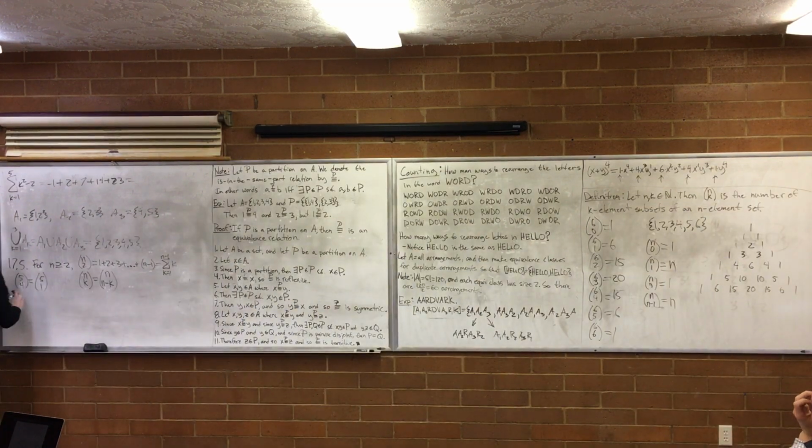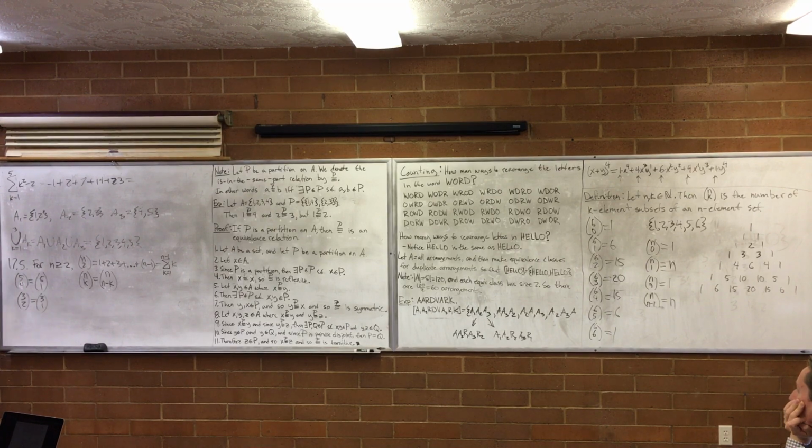So let's look at 3 choose 2, and compare it to 3 choose 1. So we have 3 choose 1. Okay, that makes sense.